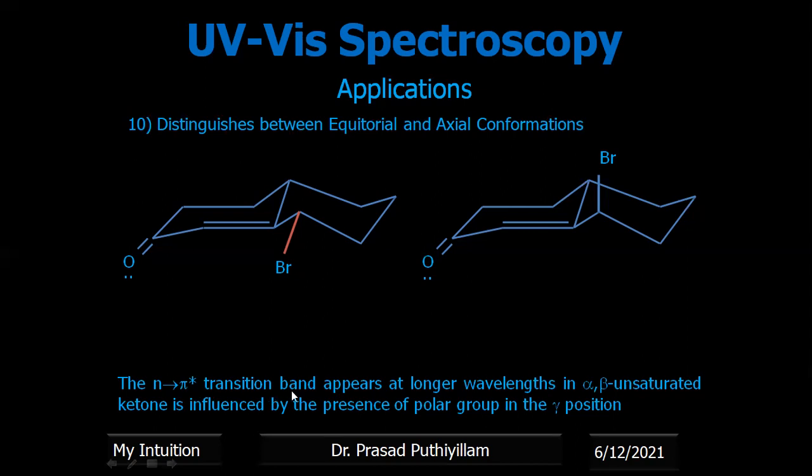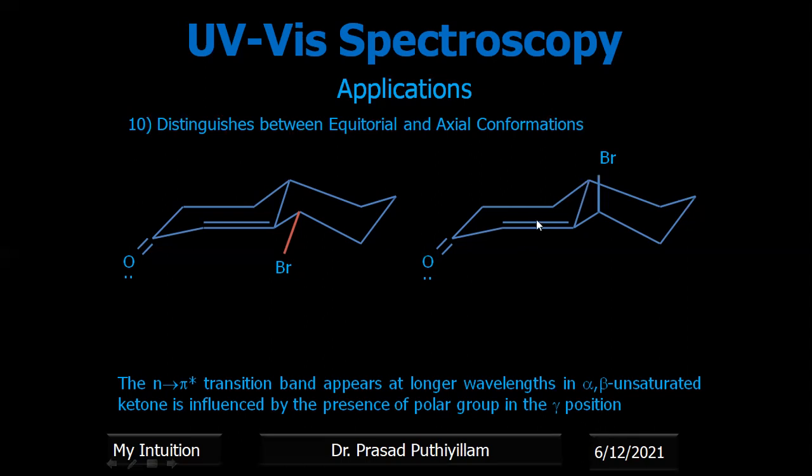The n to pi star transition band appears at longer wavelength. Longer wavelength means lower energy, so it absorbs lower energy. If it is the axial case, it requires less energy for this n to pi star transition, because electrons from bromine are in the same line. Therefore, the pi electrons easily go to the pi star state; from the pi bonding orbital they can be converted into the anti-bonding orbital.